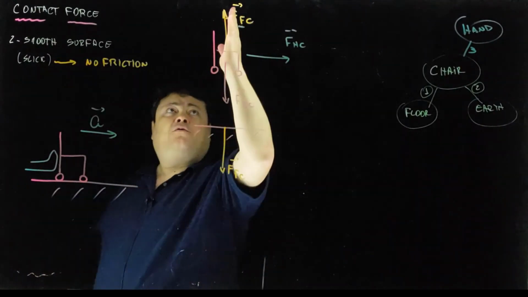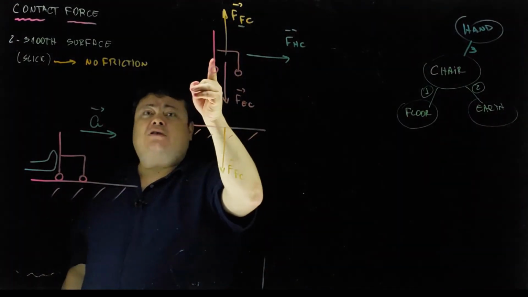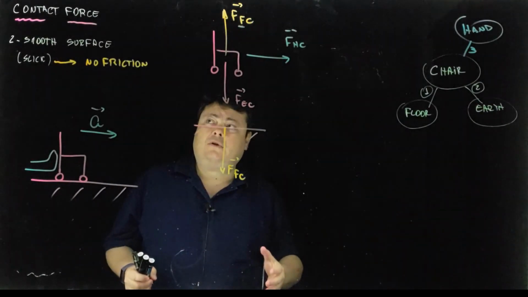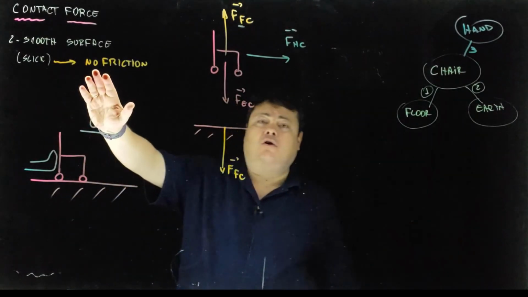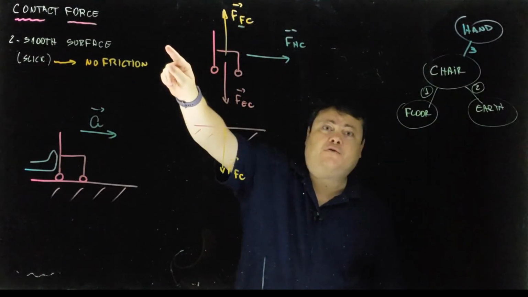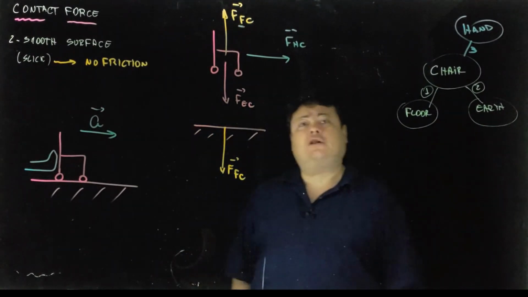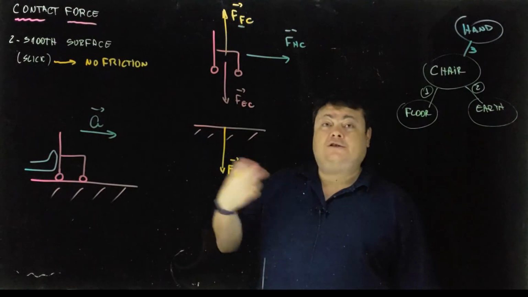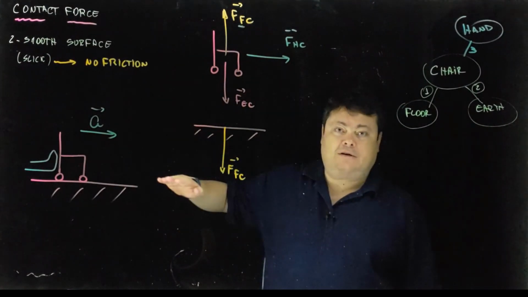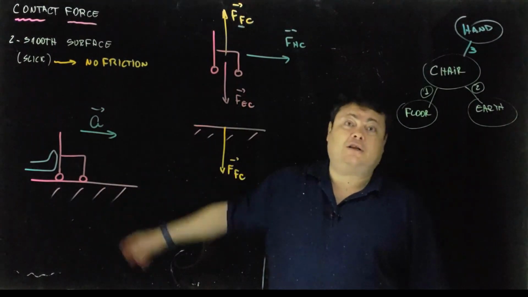Remember, the contact force got slanted back because friction appeared in here to hold the chair in place. But on the model of the no friction surface, basically, I cannot have this friction, and then that force is not going to get slanted. The discussion now that we should have is not whether or not this exists. It doesn't. A perfectly frictionless surface does not exist.